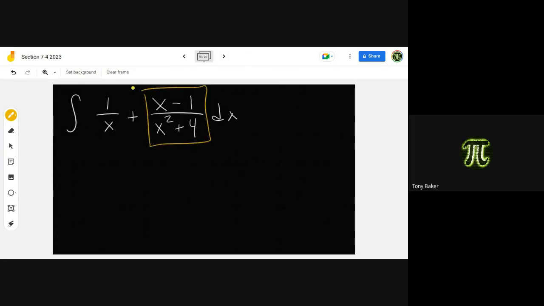If I have addition and subtraction on top of a fraction, what can I do with it? I can split it up. I can't split it up if I have addition and subtraction on the bottom, but I can if it's on top. So I'm going to rewrite this as 1 over x plus x over x squared plus 4 minus 1 over x squared plus 4.